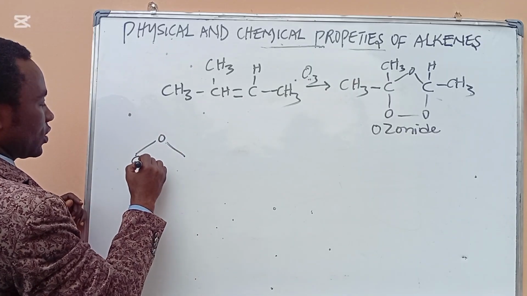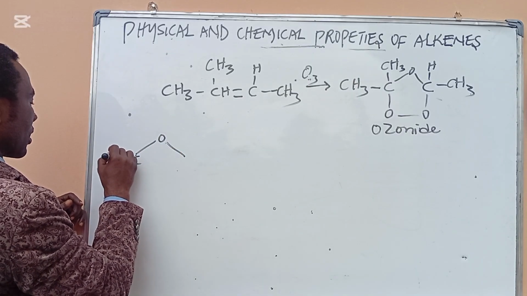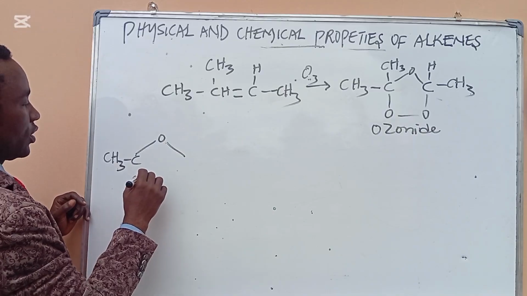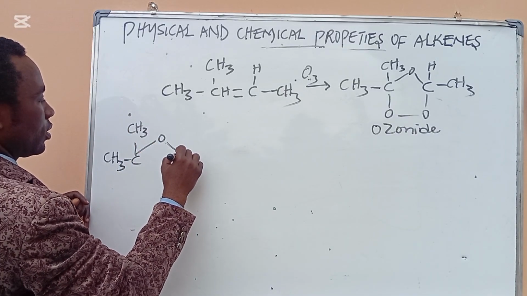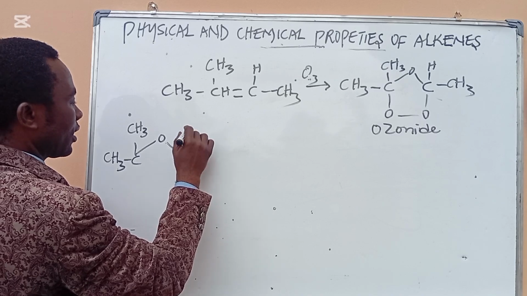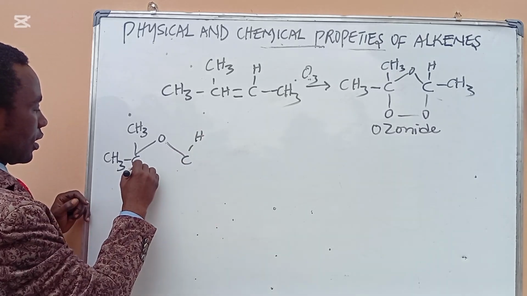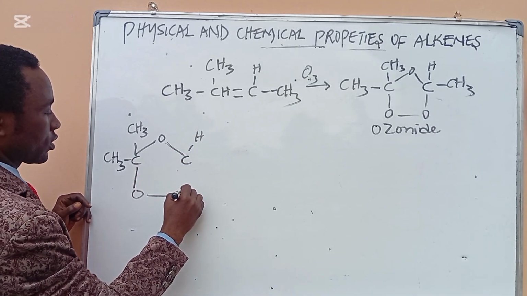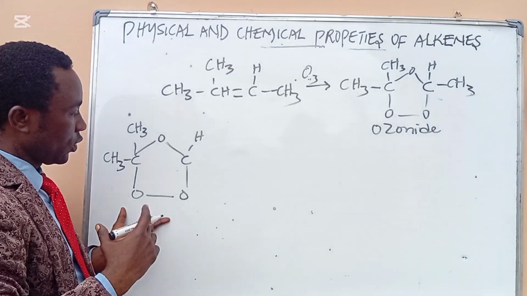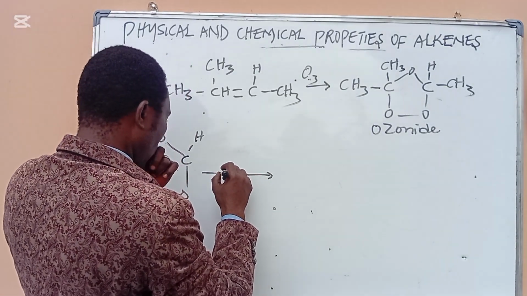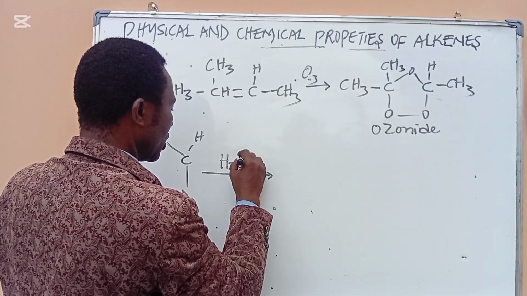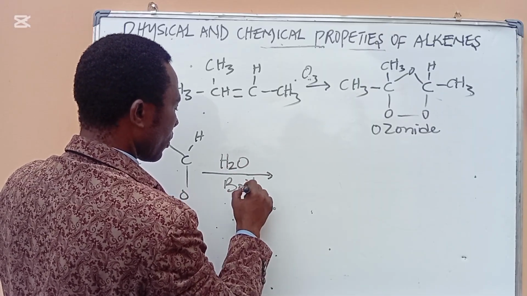So what we have here is CH3, CH3. Remember the CH3 up. Then here is C, hydrogen here, and here we are having O and O. This is the ozonide. Now I want to break this ozonide down using boiling water, H2O. That is, I boil.